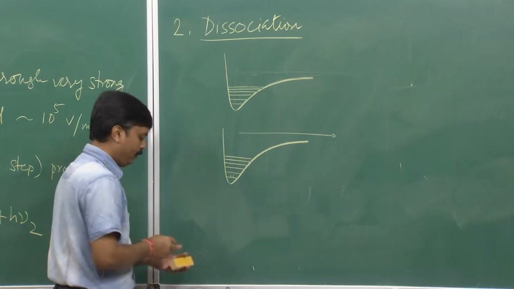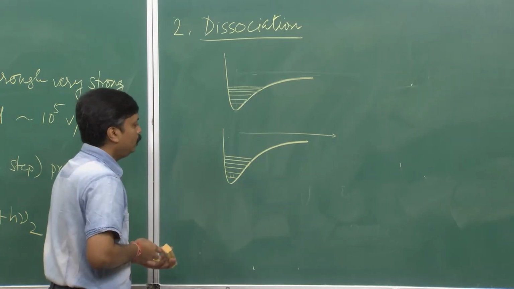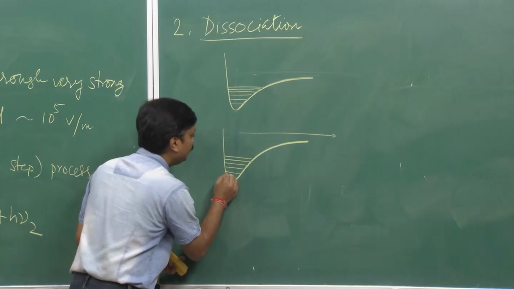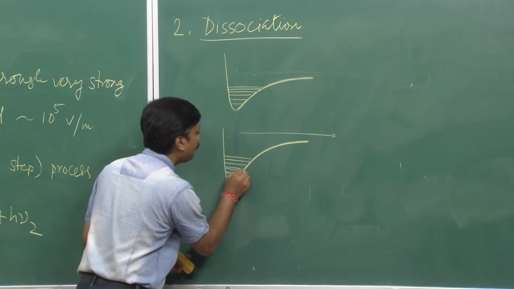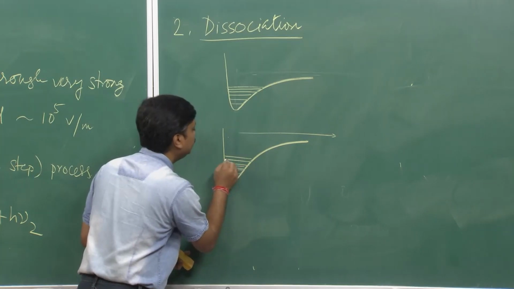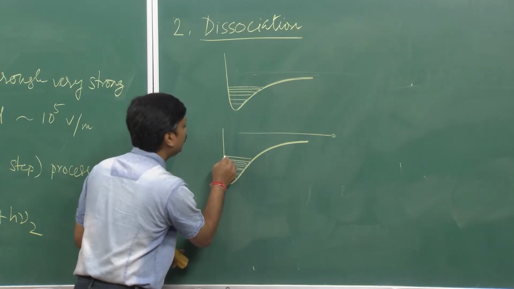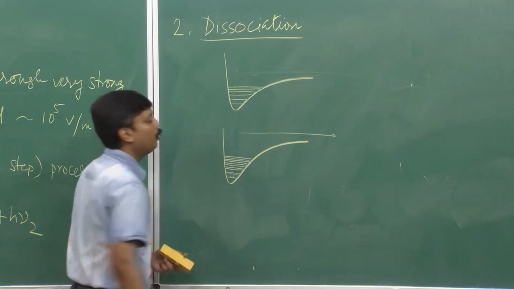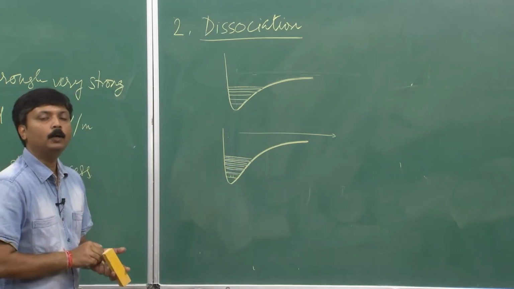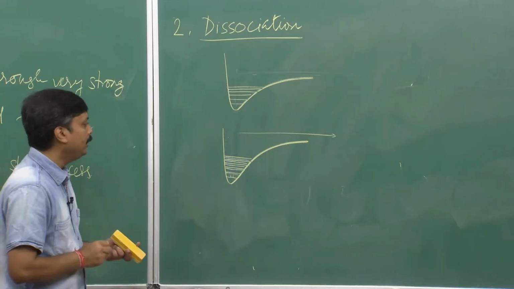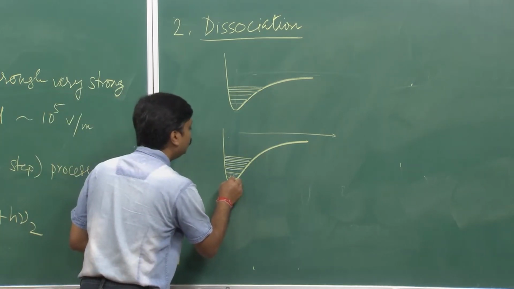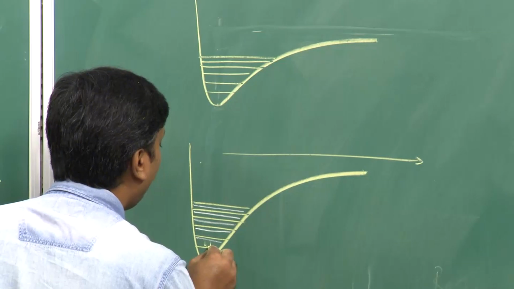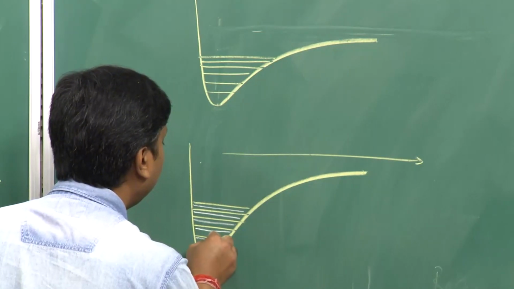Okay, and if I use a different color in the same scheme to show that the isotope levels have different energies, the yellow color is for one isotope while the white color is for the other isotope. Then I bring in an infrared laser which will populate say only the yellow one.